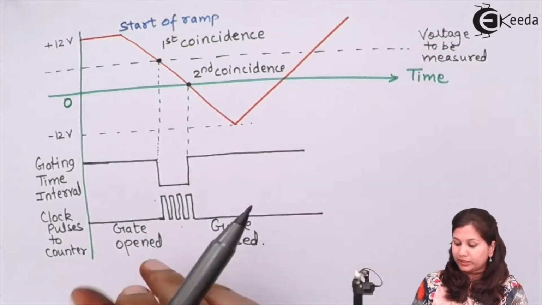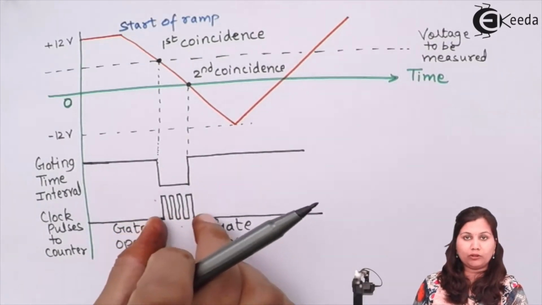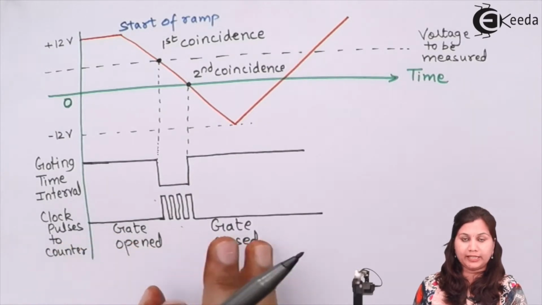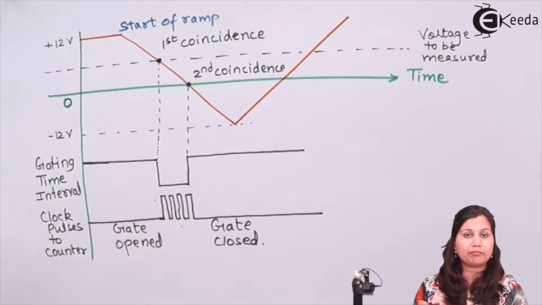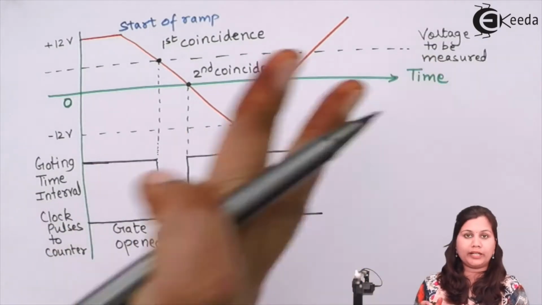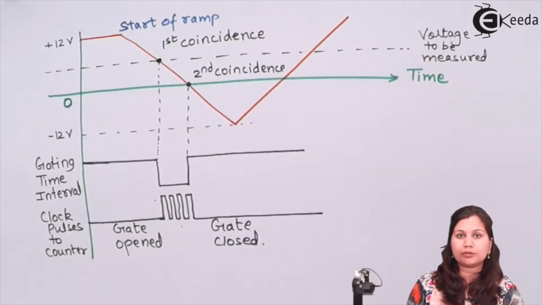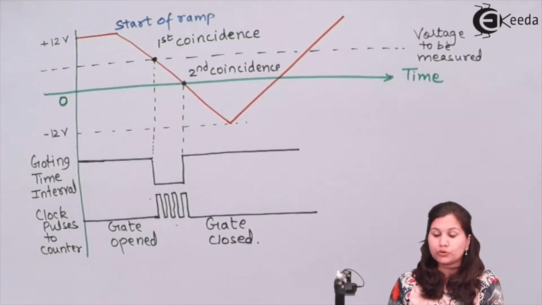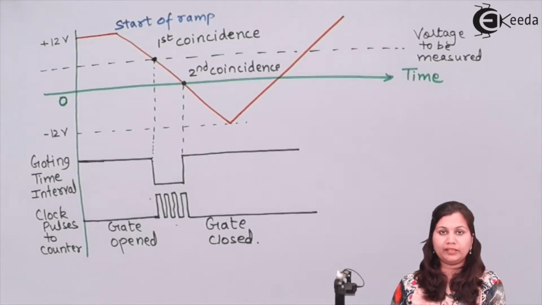Okay, so in this time interval between the opening and closing of the gate, the number of pulses which have passed through the counter are equal to the unknown voltage which we want to measure. So by measuring this time interval, we are measuring the unknown voltage and we are using a linear ramp for that. So that is why it is called a ramp type digital voltmeter.